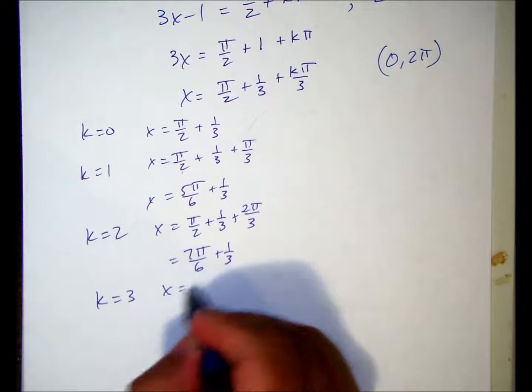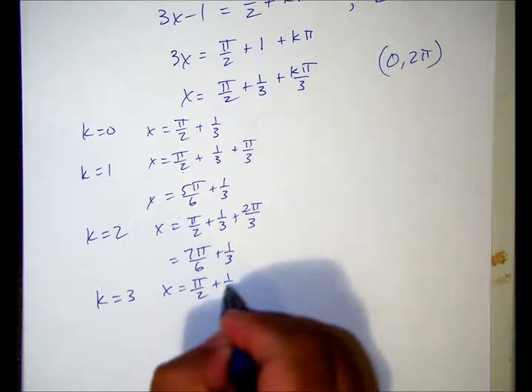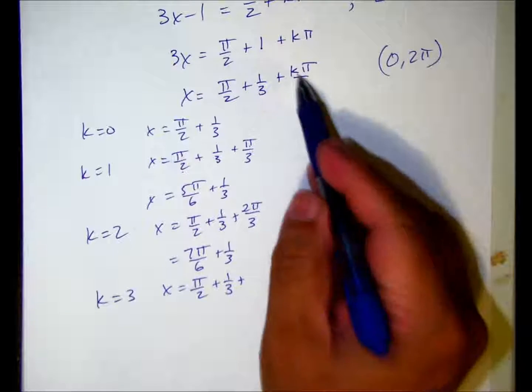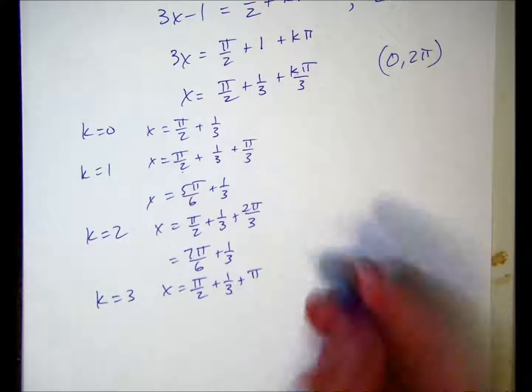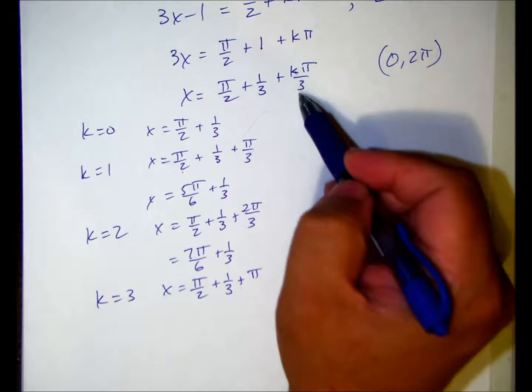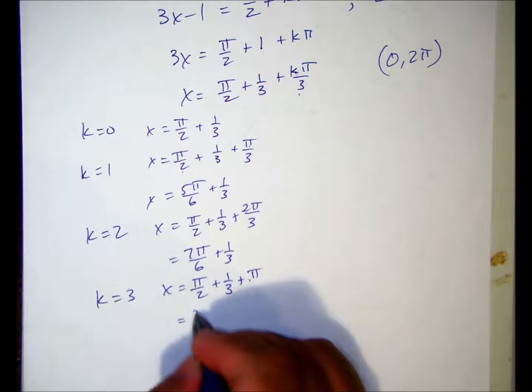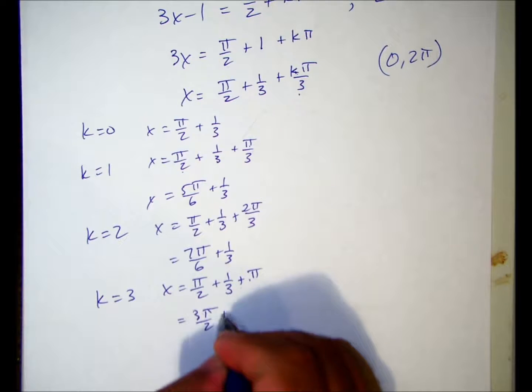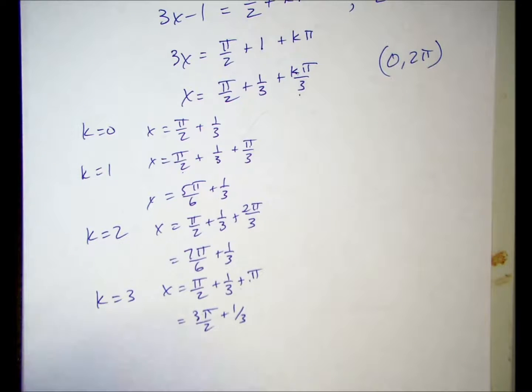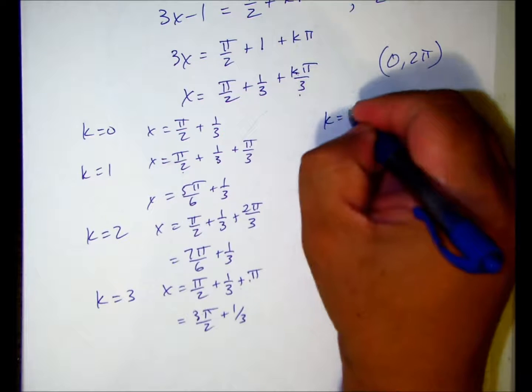K equals 3, x equals pi halves plus 1/3. Now k is 3, so now it's pi, because the 3s cancel. 3 over 3 cancels. So I get x equals pi plus pi over 2, so that's 3 pi over 2 plus 1/3. Alright, keep going. I'm going to go k equals 4.